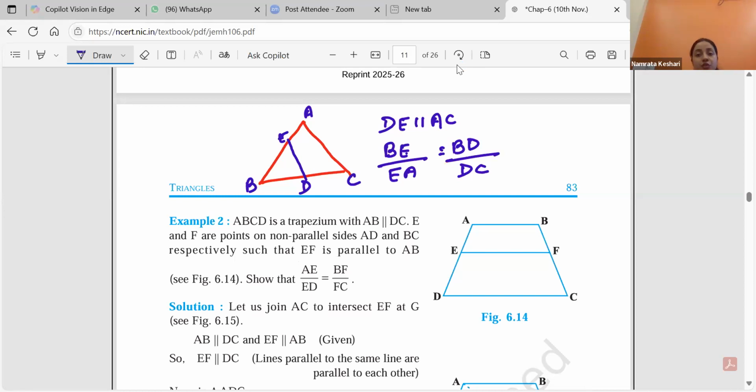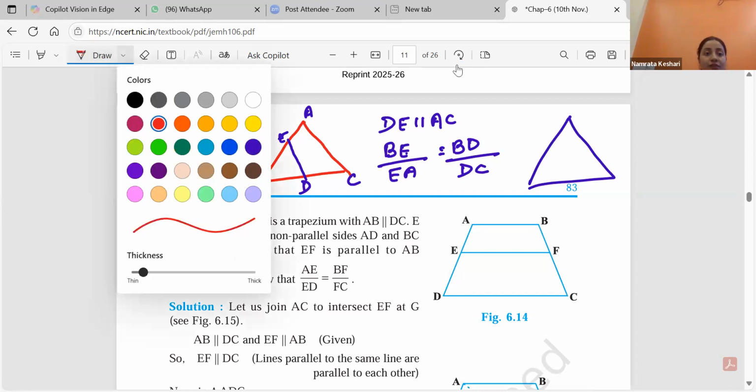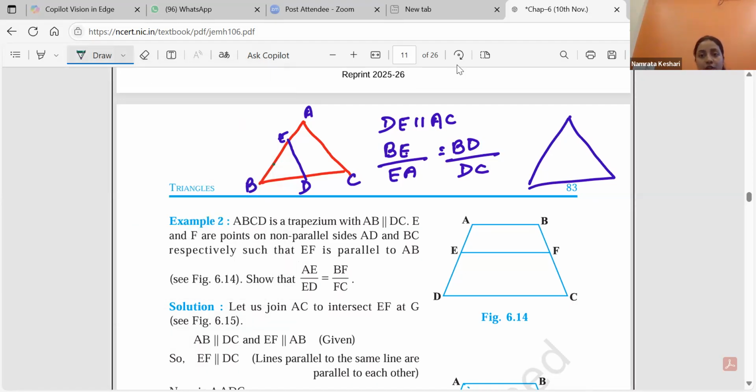If you are having a triangle, and in that triangle you are having a line parallel to any one of the sides of the triangle. So if you are having a triangle PQR, and a line ST parallel to PQ, and this ST is touching the other two sides of the triangle.